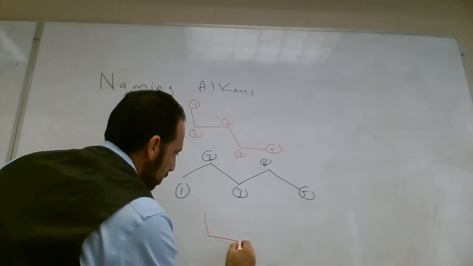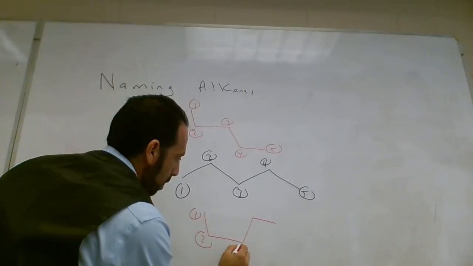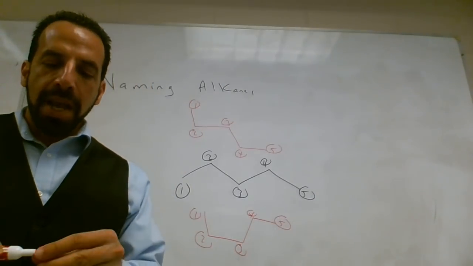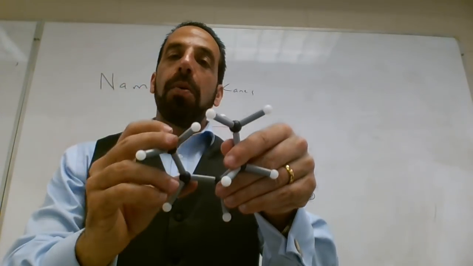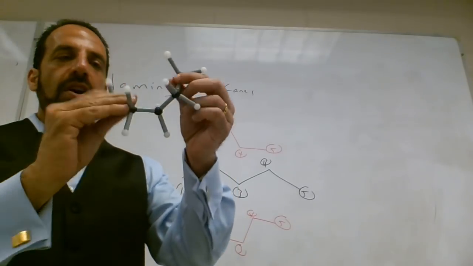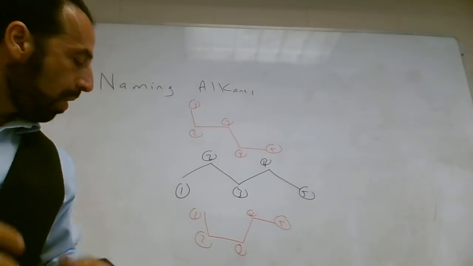I can do something like this. So they're all the same. The only thing is I've changed the way these things are kind of twisted around. So you may want to build a model with this and say, okay, these things can twist all directions. Let me find the longest chain associated with it.